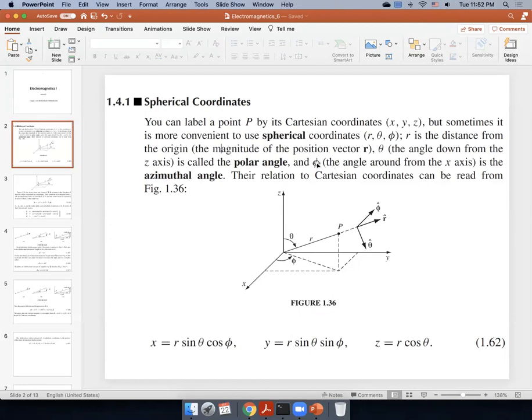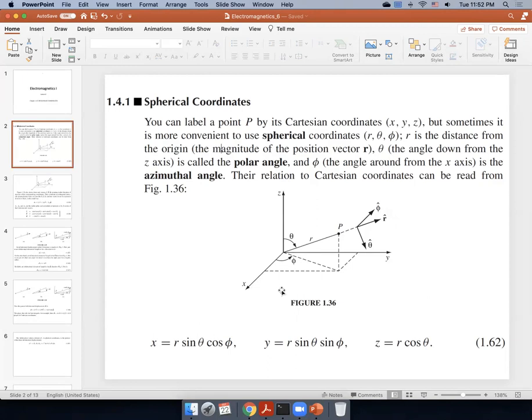The angle phi is the angle around from the z-axis in, let's say, the anti-clockwise direction. If phi is 0, that means it's in the x direction. The range of phi is from 0 to 2 pi. If it's 2 pi, that means it's getting back to the x direction.